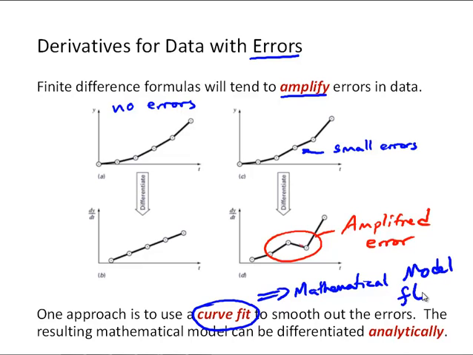So we're not necessarily working with the data directly once we have some mathematical model f of x, and we can just differentiate that mathematical model analytically using the techniques you learned in your calculus class.